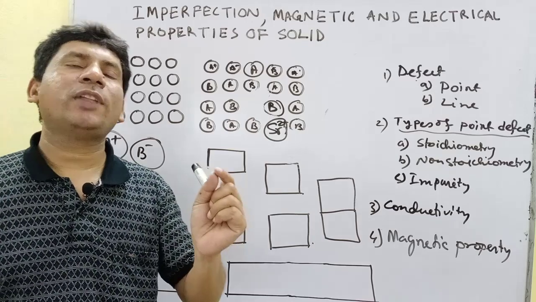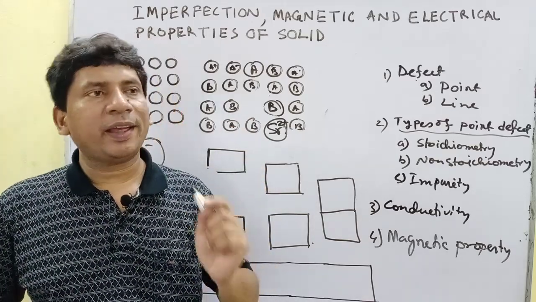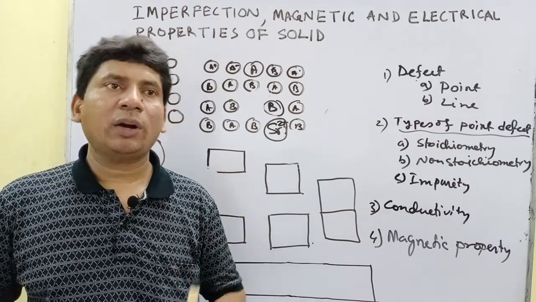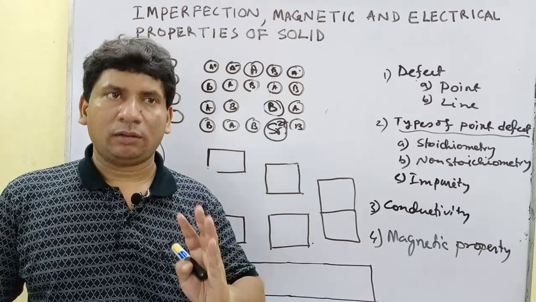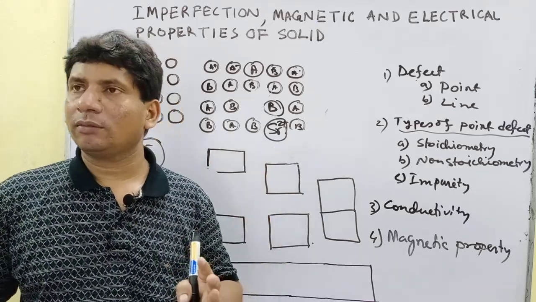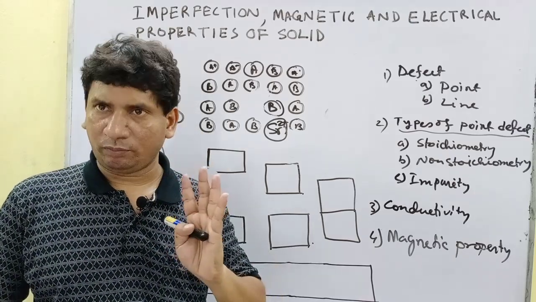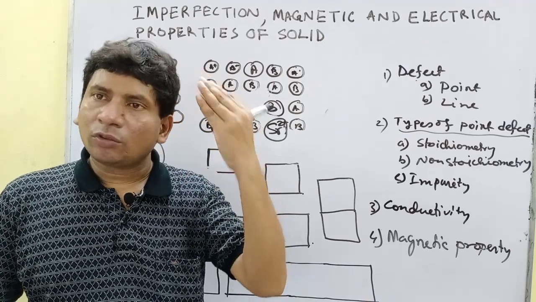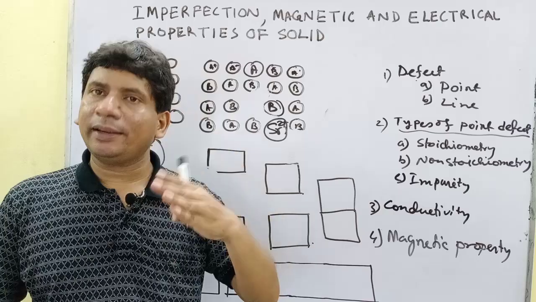That means if there are 18 sodium divided by 18 chlorine, the ratio is 1. But if 1 sodium is missing, then there will be 17 sodium while chlorine remains the same, so 17 divided by 18 is not 1, whereas 18 by 18 equals 1.